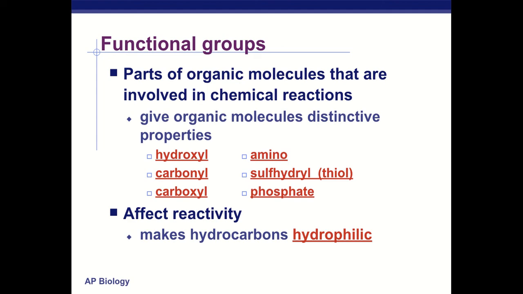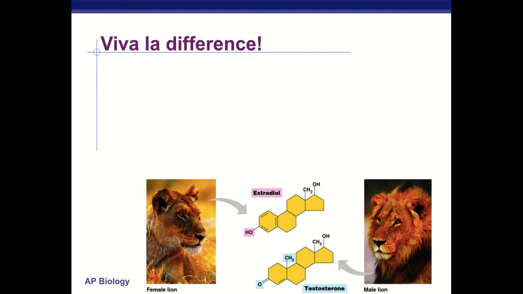They also make hydrocarbons hydrophilic, and that's super important because remember that we are mostly made of water, and so we need these molecules in our body to be water soluble in order to interact properly in our bodies.